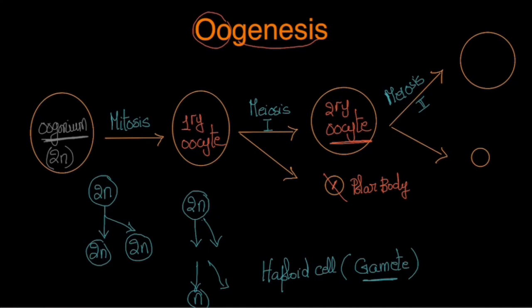Meiosis 2 of the secondary oocyte is what will result in the formation of a mature ovum, and this is the cell that has the ability to integrate its genetic material with the genetic material coming from the sperm for me to be able to form a zygote that will start to proliferate to become an embryo. But you see on here also, in order for me to perform this division, I did need to reduce the genetic material in the cell.